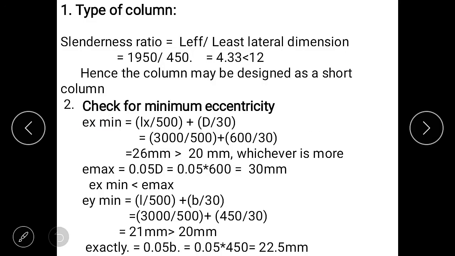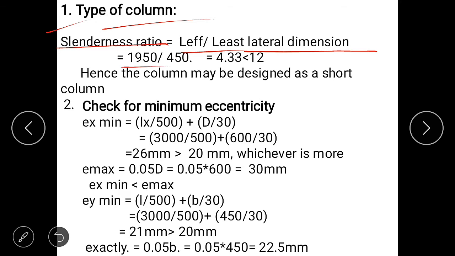Now we have to find the type of column, meaning whether the column is a short column or a long column. If the ratio of L effective by least dimension is greater than 12, then it is called a long column. If the ratio is smaller than 12, then it is called a short column. So slenderness ratio is L effective divided by least dimension.